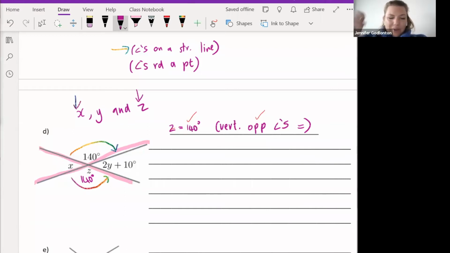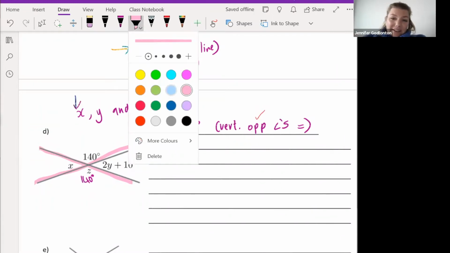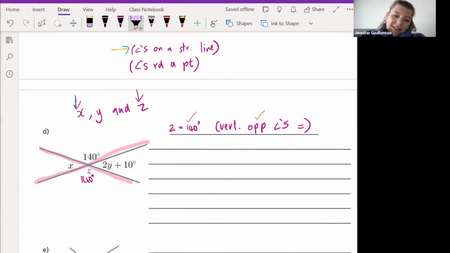I get it. Okay. So far, guys, we can see that Z is equal to 140 degrees. I'm going to move these little arrows just to give ourselves a little bit of space. Now, we need to try and find X and we need to try and find Y. The next easiest one for us to look for is actually X, and the reason is that this over here is a straight line, like we learned on Tuesday.